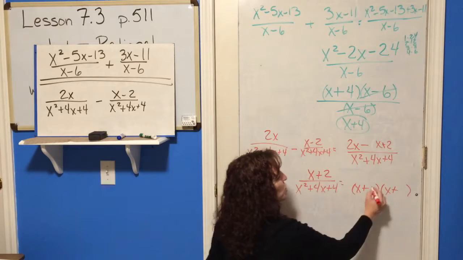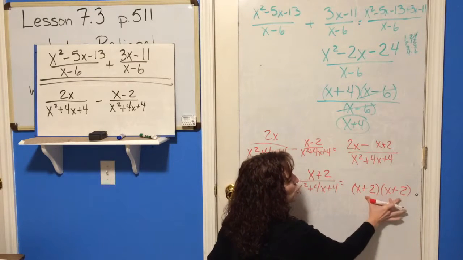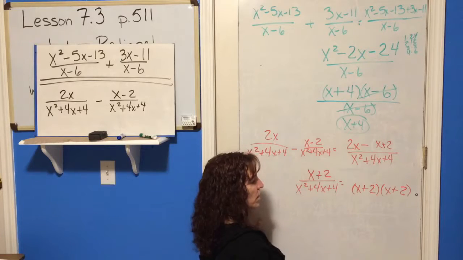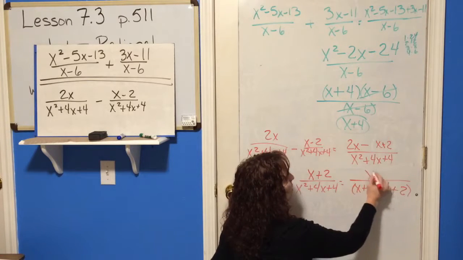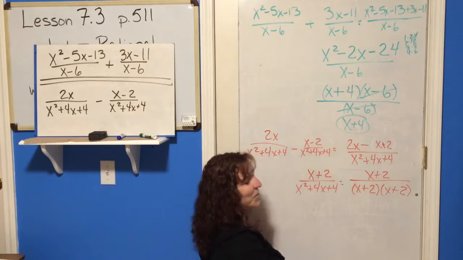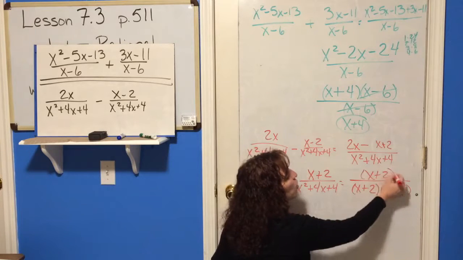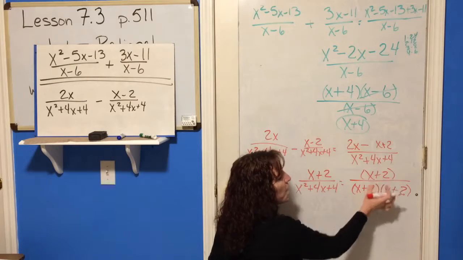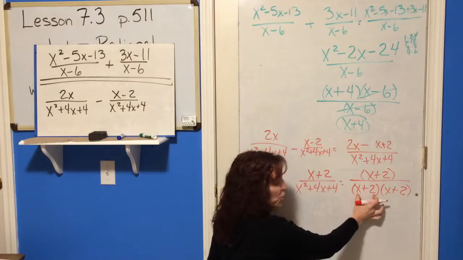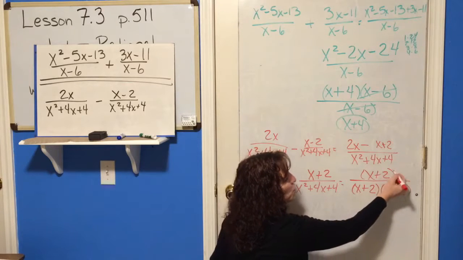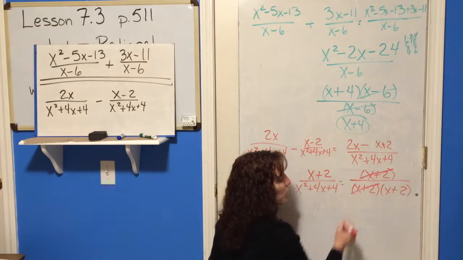And 2 times 2 is 4. And 2 plus 2 is 4. So we've got something else that'll cancel because our whole numerator, x plus 2, is one of those factors from your denominator, x plus 2 times x plus 2. So the whole binomial cancels.